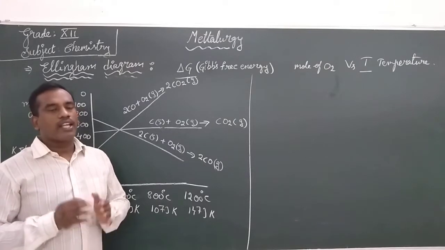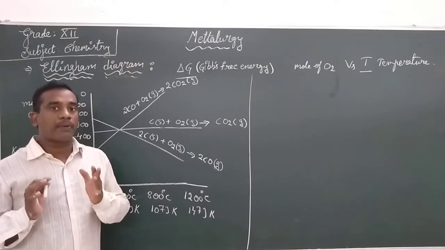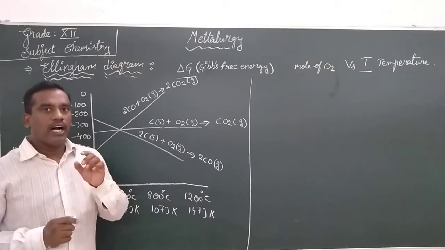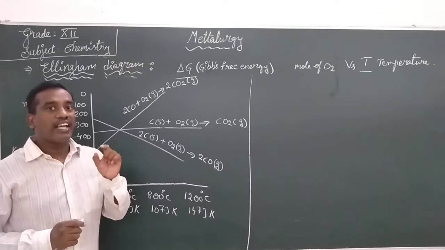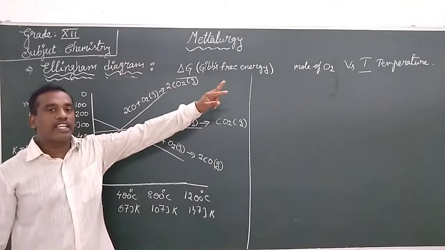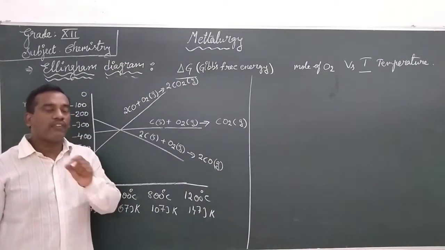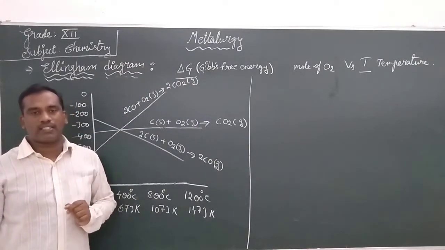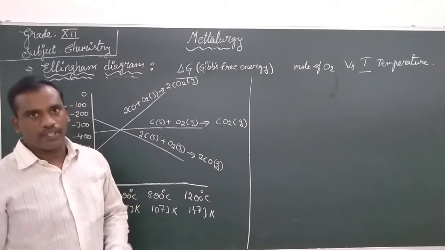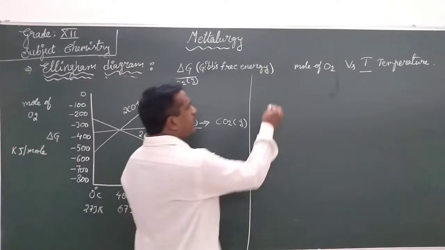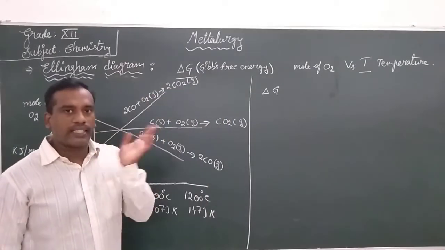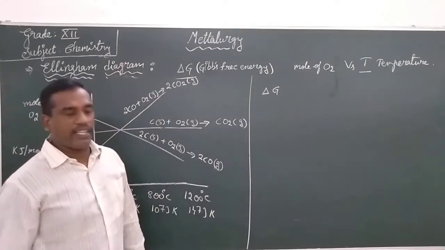When we study, it is a graphical representation obtained by taking temperature versus Gibbs free energy. We have this word Gibbs free energy that we learned in the thermodynamics of the first year. What is this Gibbs free energy? How is it represented? This Gibbs free energy is generally represented with the symbol delta G. What is it explaining?